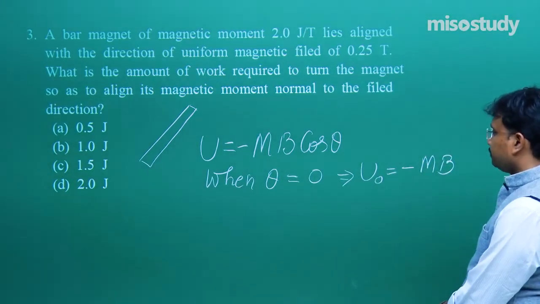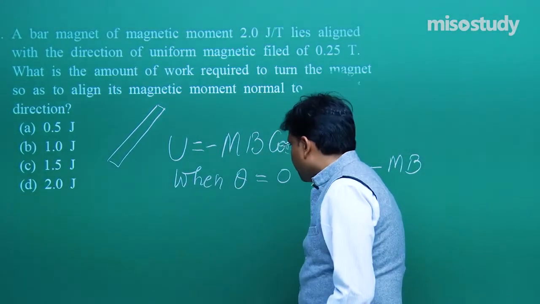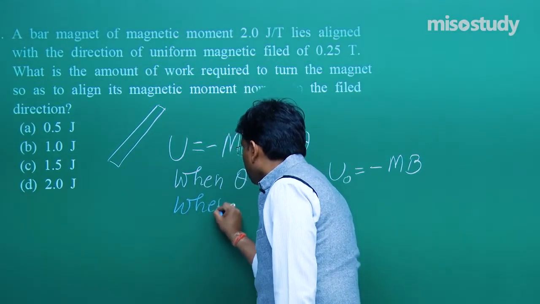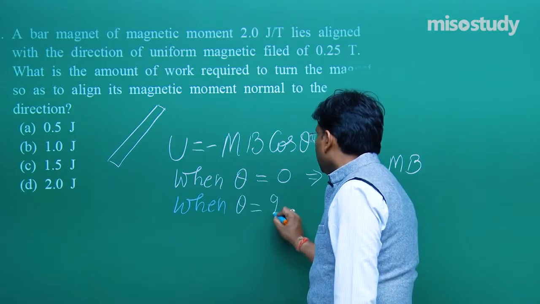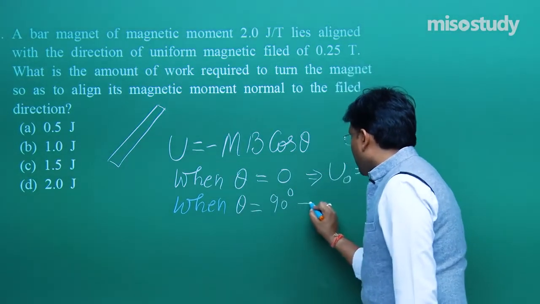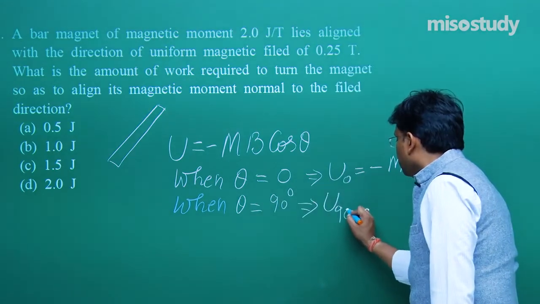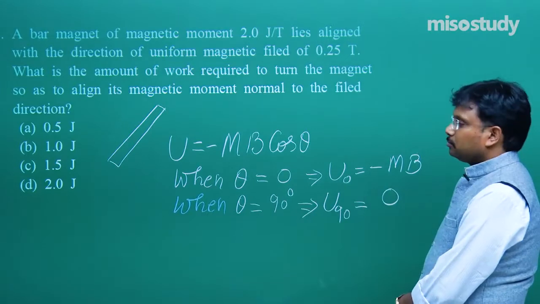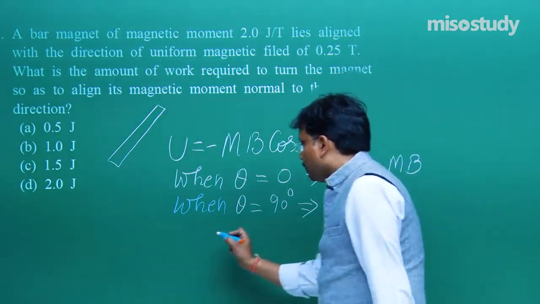I hope no problem. Then next, when theta is equal to 90, in this condition U90 is equal to 0. So what is the work done?